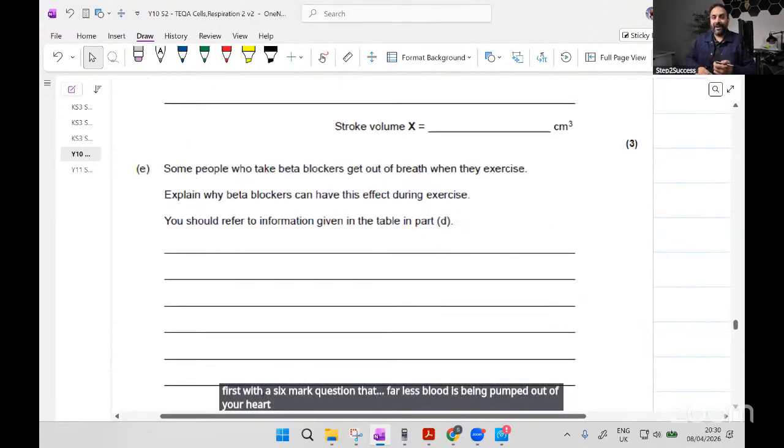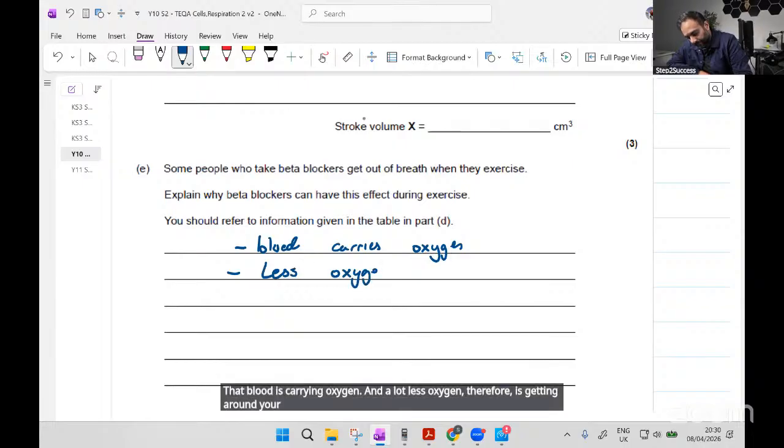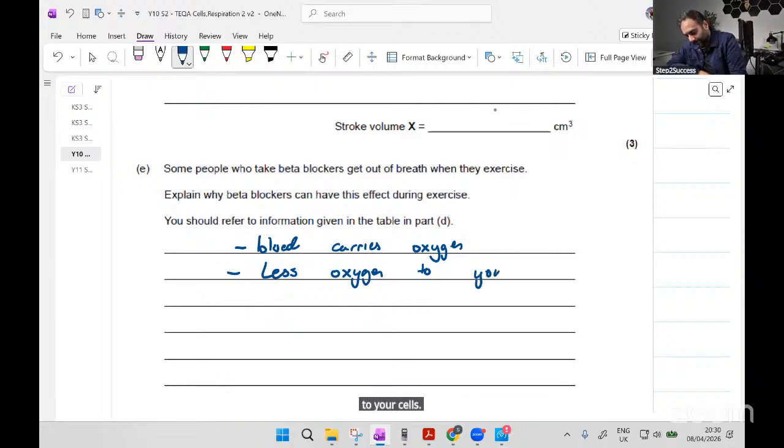Then explain the effect of that during exercise, because what is that blood doing? That blood is carrying oxygen. And a lot less oxygen, therefore, is getting around your body to your cells, for example to your muscle cells, which means that you would respire less, which means you'd release less energy.